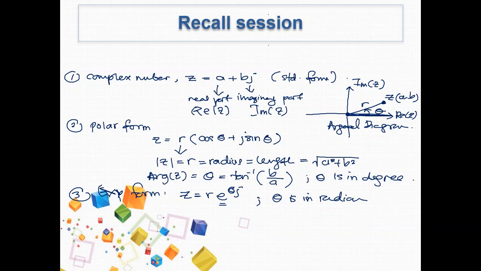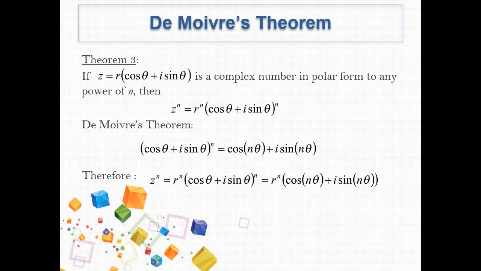Now we are going to apply all these forms. What we have learned in the previous slide, now it is time for us to apply. Let's move to the first slide.